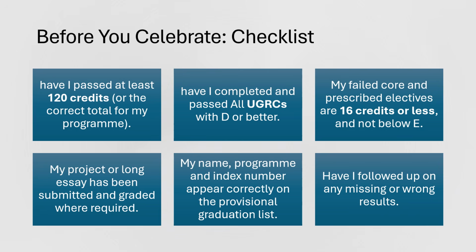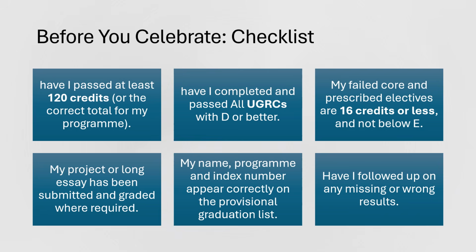Third, my field courses, as in core or prescribed electives, should have 16 credits or less and not below E. So put this in your mind before you say that you have an F and can still graduate. I've told you that you can only do that if the examination officer at your department confirms that you had that particular F.